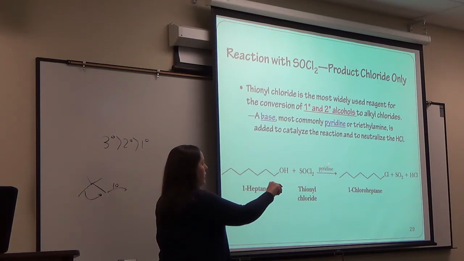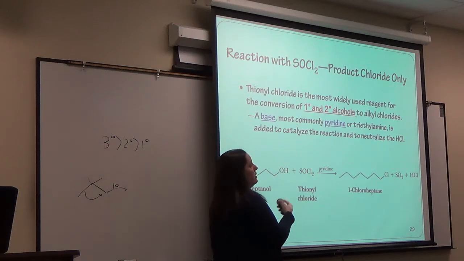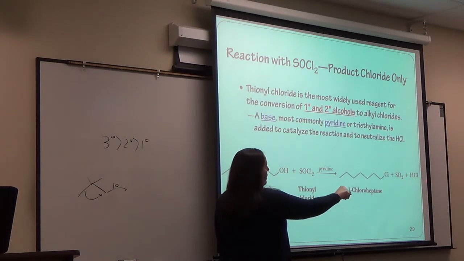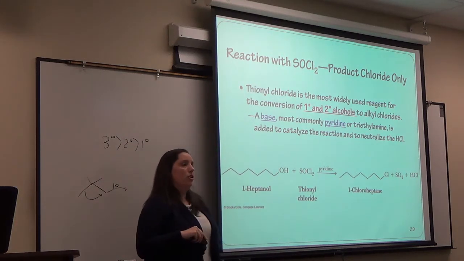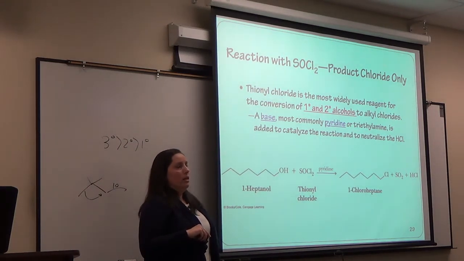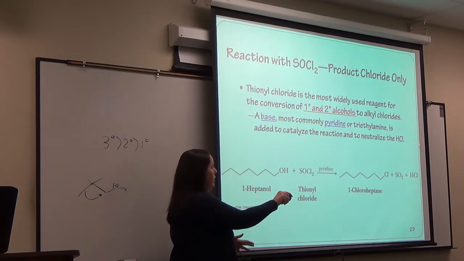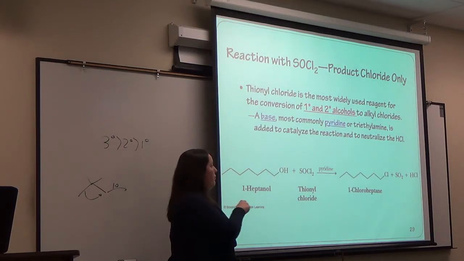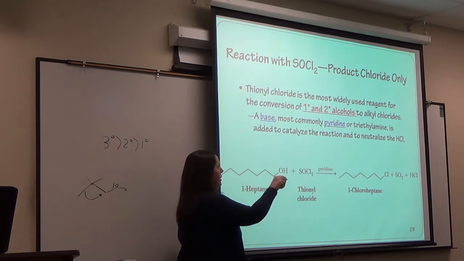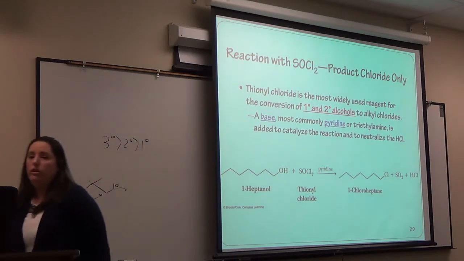You see this over the arrow, that's pyridine, which is an organic base. And it is necessary because the byproduct of this reaction is HCl. HCl is a strong acid, so it needs to be neutralized. Otherwise, it comes back in and it can react with your alcohol. So we always use a base, and pyridine is usually the one chosen, but triethylamine can also work.